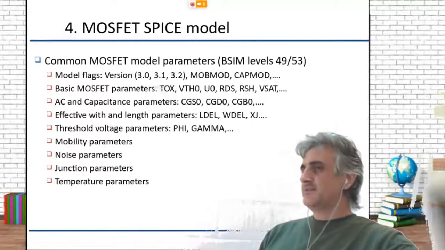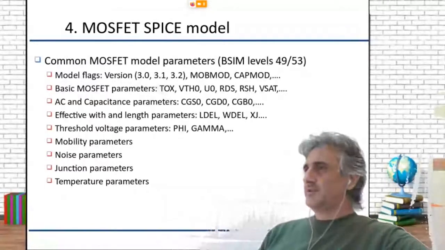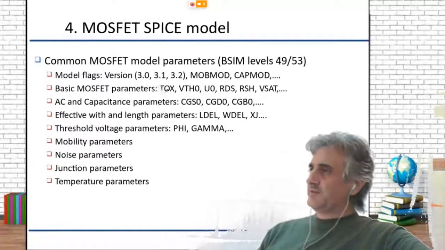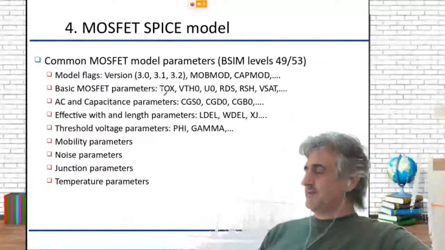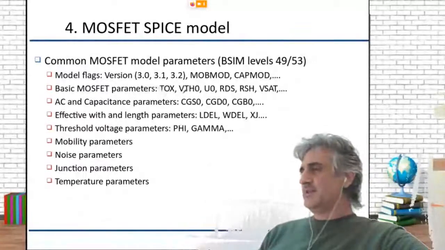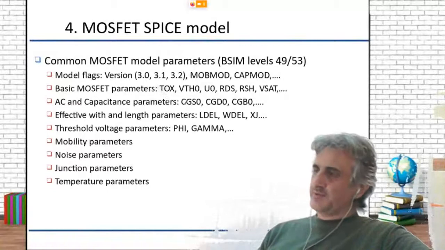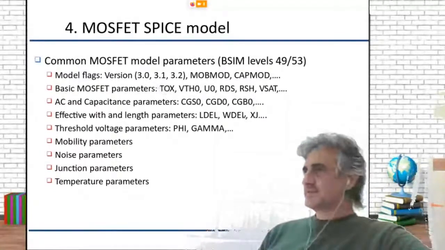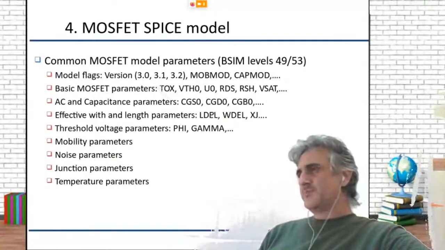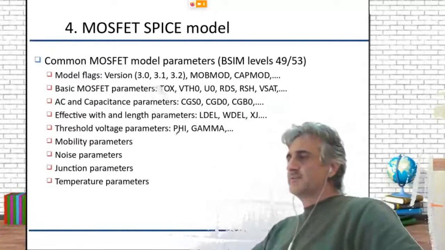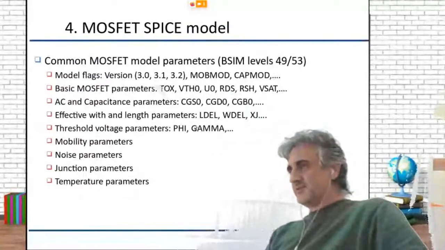And you see here that we are using all the different things we have been discussing these days. We have discussed the thickness of the gate oxide, the initial threshold voltage, the mobility, the different resistances, the saturation voltage, some different gate capacitances, some different effects on the length, some effects on the threshold voltage.